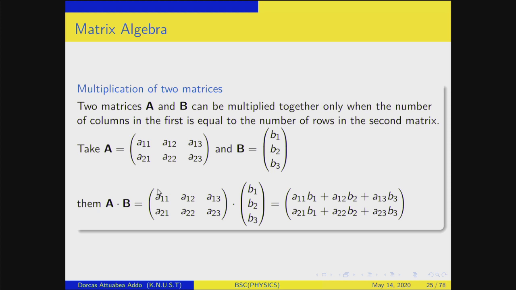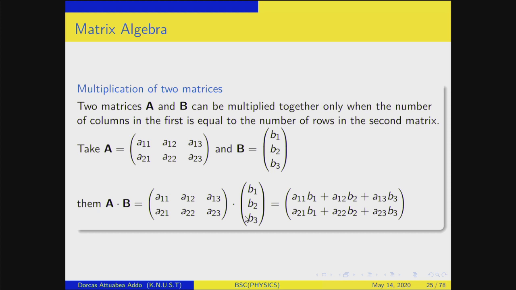So I have this row and this column, and I do the product on it. I multiply this times that plus this times this plus this times that. So that becomes my first entry. That is what you have here.